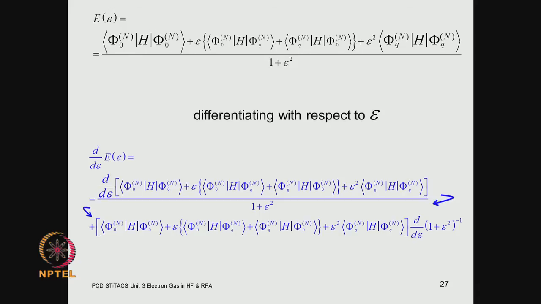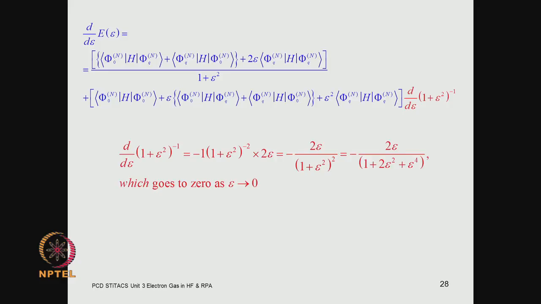So, that is what you have got in the next term: the differential of the numerator divided by the denominator, which is 1 plus epsilon square, plus the numerator times the differential of the denominator, which is minus twice epsilon divided by 1 plus twice epsilon square plus epsilon to the 4. That is the differential of the denominator.